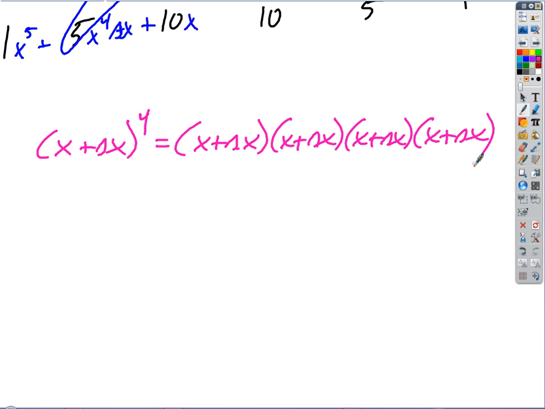Obviously, if I go through the laborious process of expanding that, combining like terms, and so on, it's going to be a long process. But how am I going to build the highest power of x? By multiplying x's together in each of the 4 products, right? I'm going to get the biggest power of x when I distribute this term to that term, and that result to that term, and that result to that term.